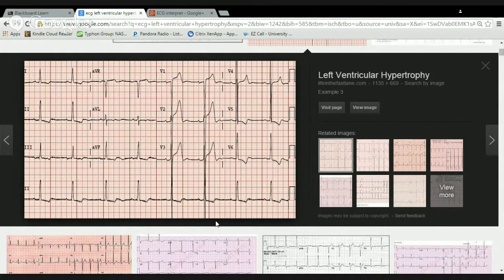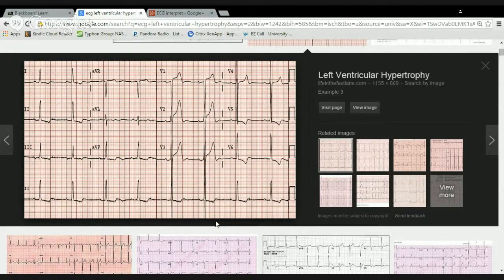Lastly, ischemia. I'm looking for any T wave inversion. There is T wave inversion in lead 1, lead 2, lead 3.